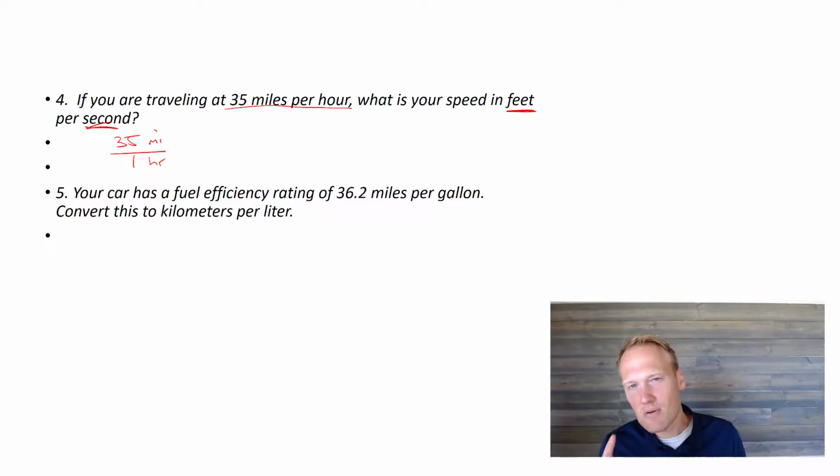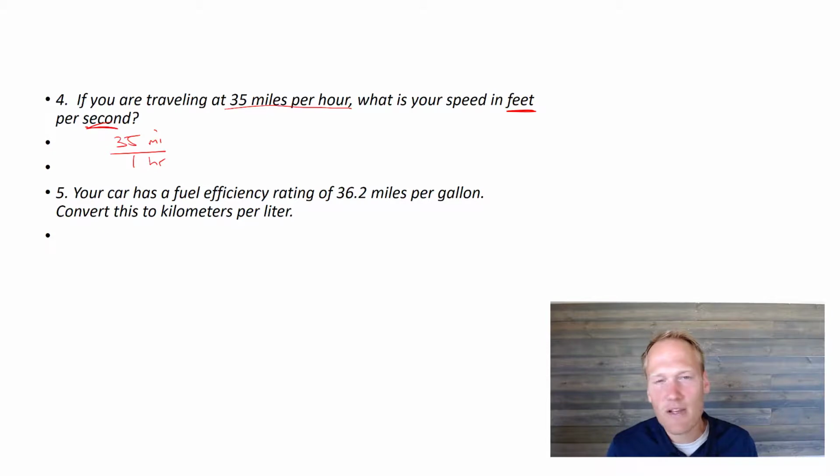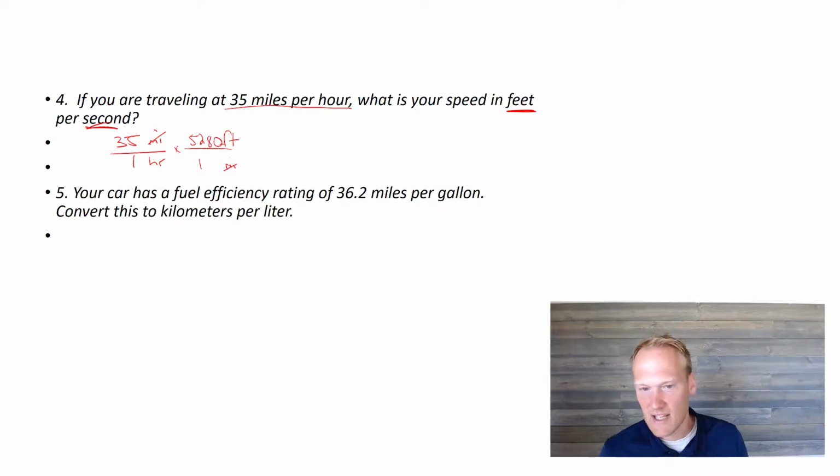So there's 2 units here we have to deal with. And the key is just deal with them one at a time. So for instance, if I go from miles to feet first, and I know that 1 mile is 5,280 feet, that'll get me to feet per hour.